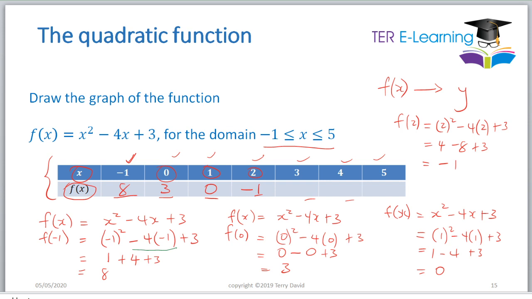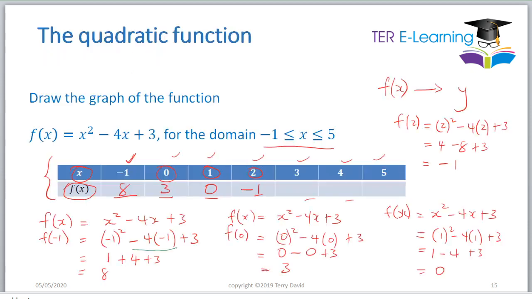Alright, so what is f of 3? I've seen most people saying 0, right? So let's go to this page here. f of x is equal to x squared minus 4x plus 3, I think that's the function.